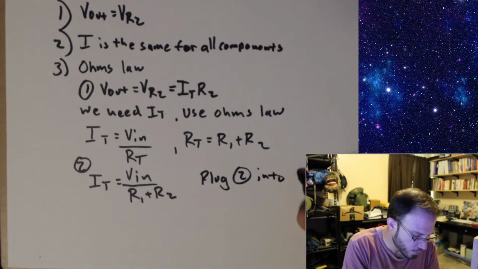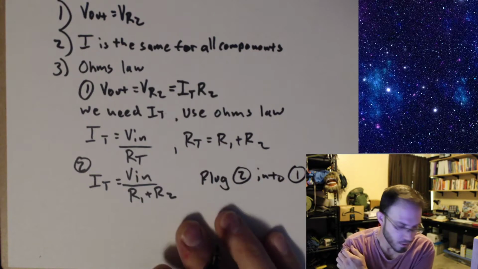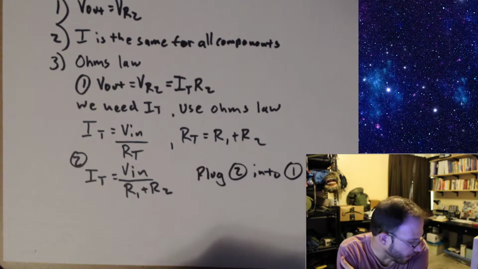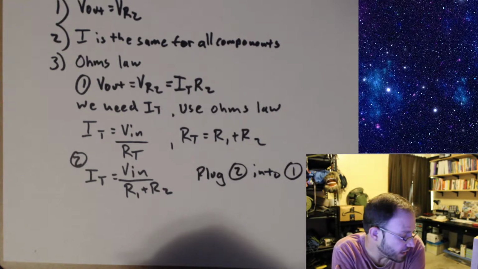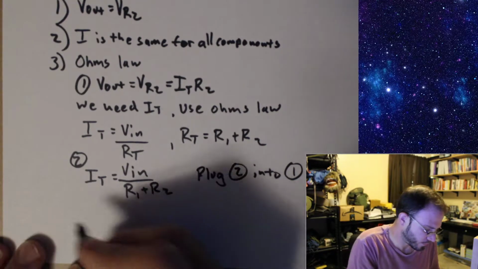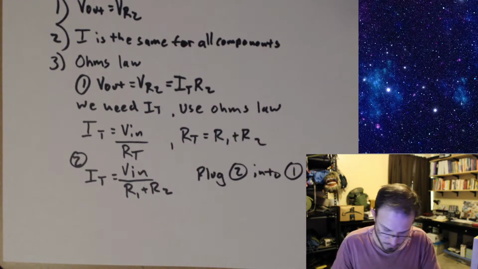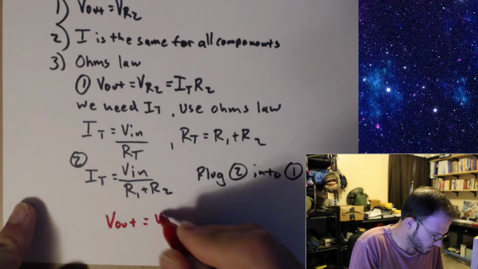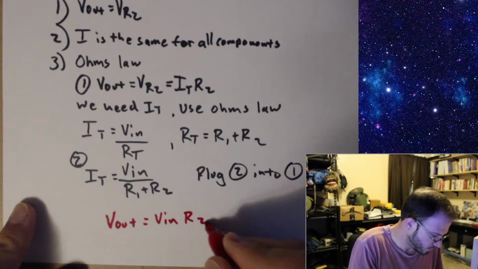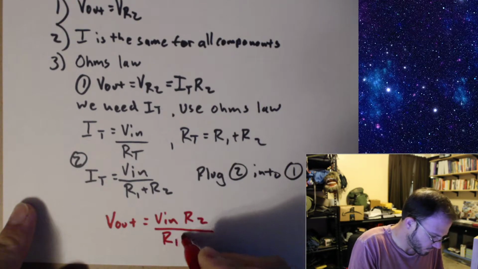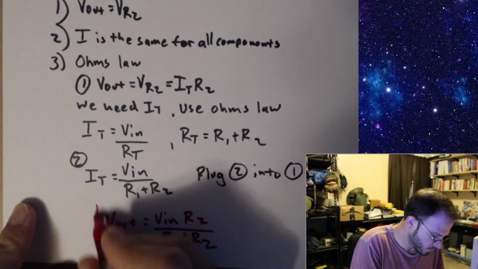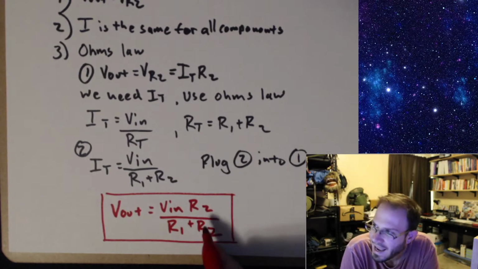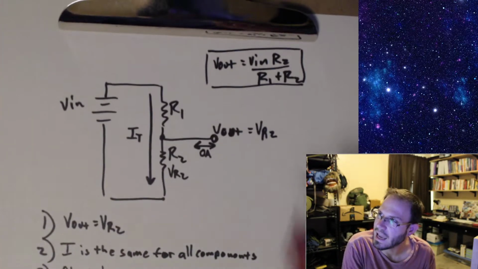So let's say we plug 2 into 1, right? Plug the second equation we found into our first equation, and we should get what Vout is in terms of just Vin and R1 and R2. So we end up with the same equation that I gave in the first place.